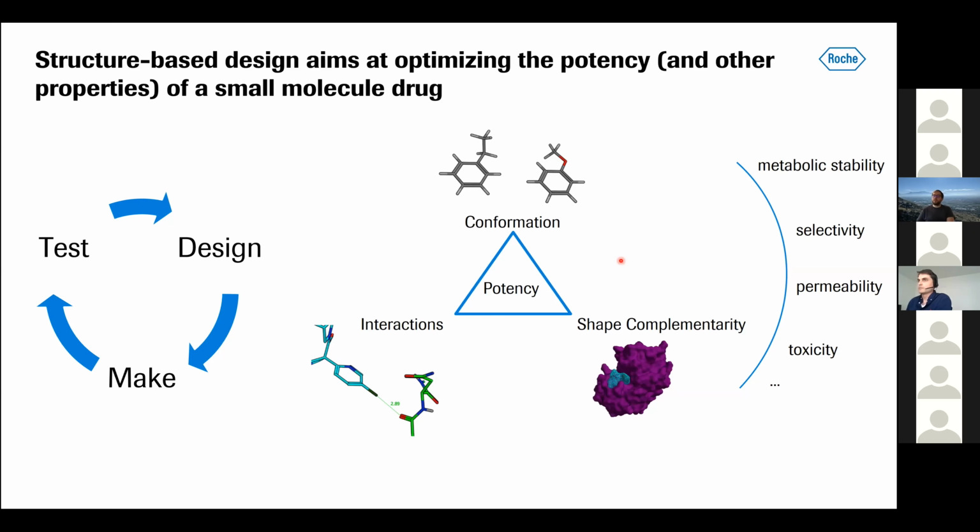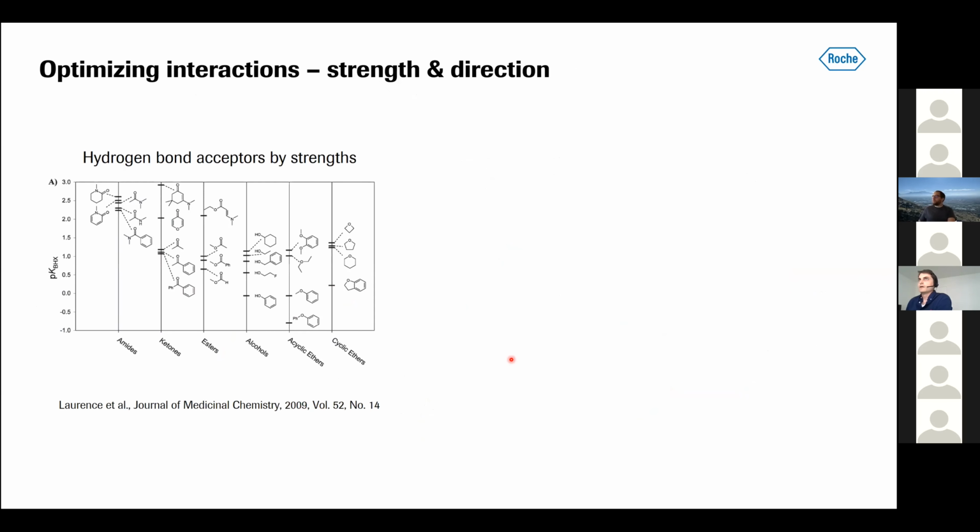And so today, my talk will focus on how we can use experimental data on understanding and improving and guiding chemists to optimize the interactions between your small molecule and your protein. So when we speak about optimizing interactions, we always speak about pairwise atomic interactions between the ligand and the protein.